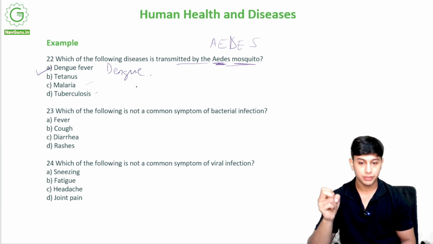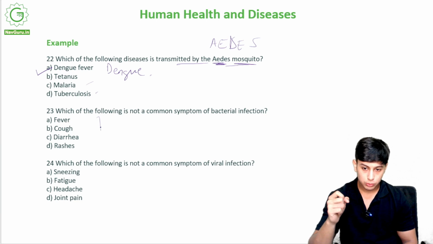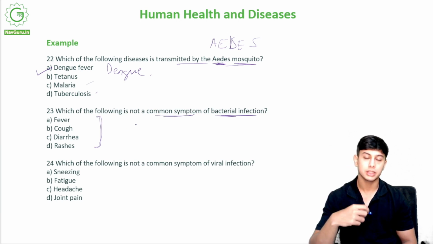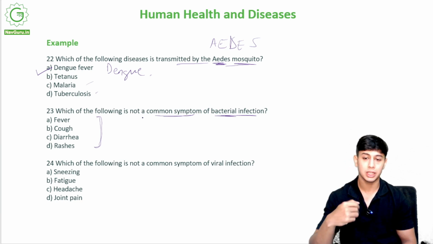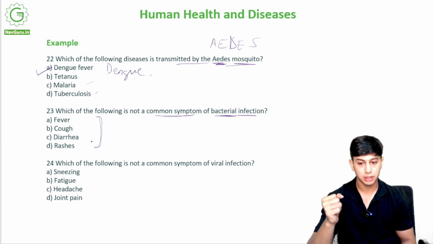Which of the following is not a common symptom of bacterial infection? Out of these, one is not a common symptom. In bacterial infections, we get pain in our stomach, sneezes, cold and all. Is it fever?